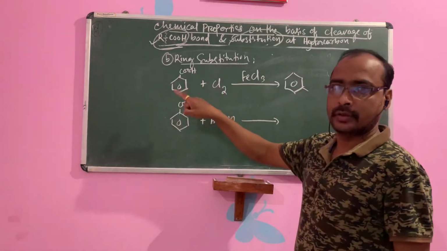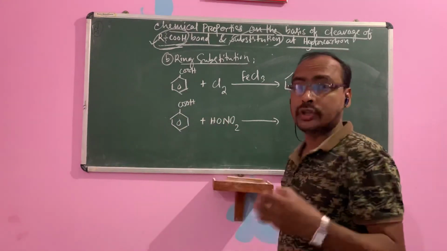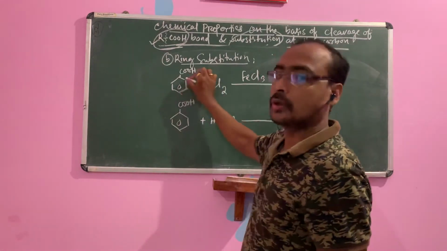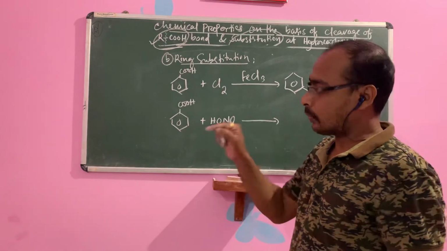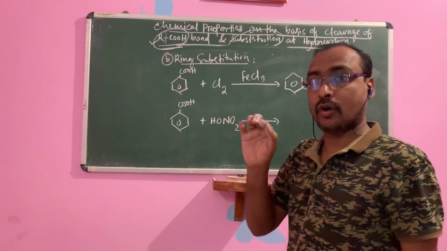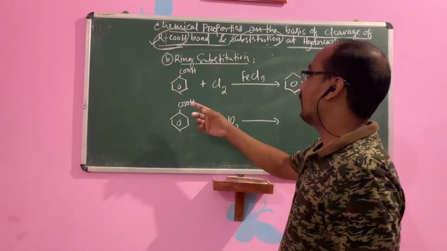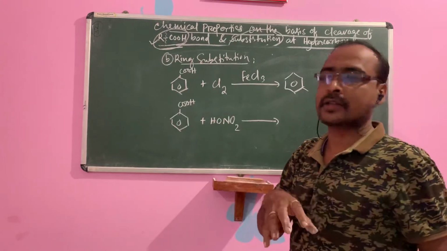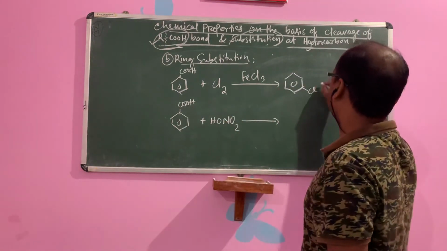Because carboxylic acid is an electron withdrawing group, it will deactivate ortho and para. The electrophile does not attack ortho and para because they have positive charge delocalization, but at meta it is neutral, so the electrophile will attack at the meta position.